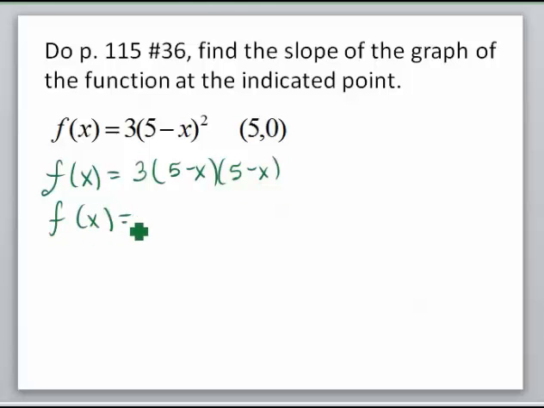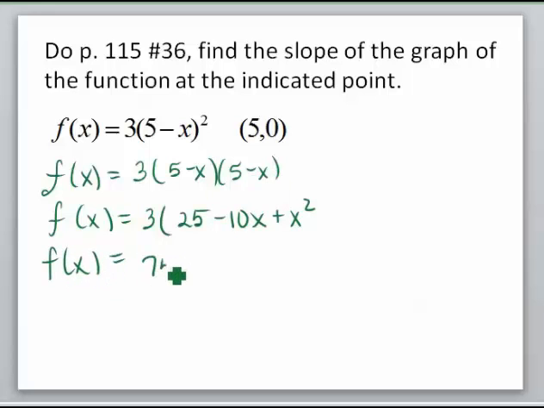So I'm doing a lot of rewriting right now. I'm going to have 25 minus 10x plus x squared. I just FOILed first, outer, inner, last to come up with that. And now I have 75 minus 30x plus 3x squared. Now that it's in polynomial form, what I can do is go ahead and take the derivative.